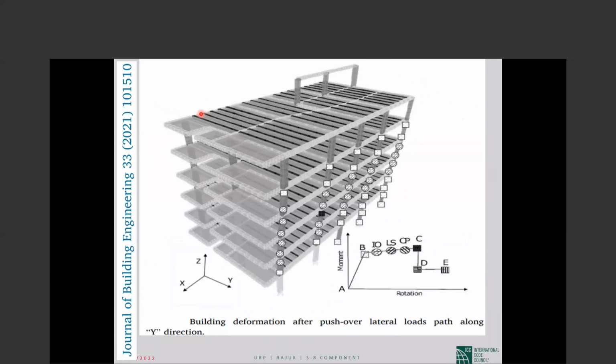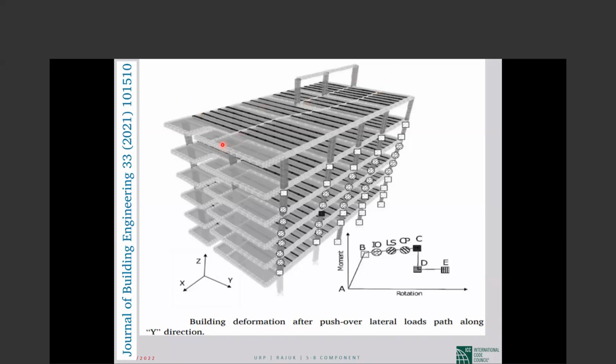Therefore, the general approach will be: we model the building in a software that can perform nonlinear analysis. Then we use the software or manually calculate the target displacement. So the target displacement will be calculated.